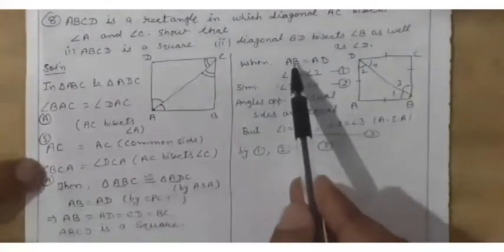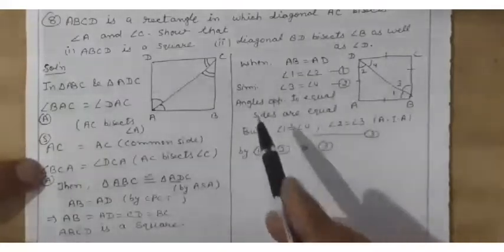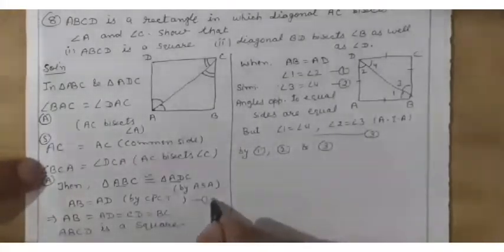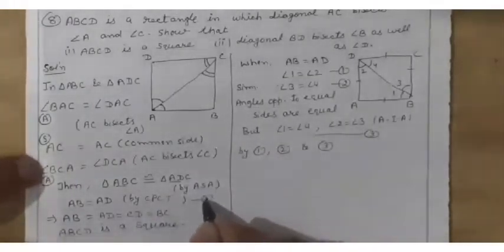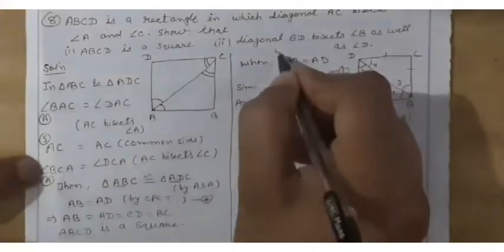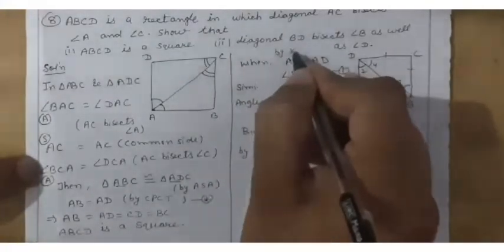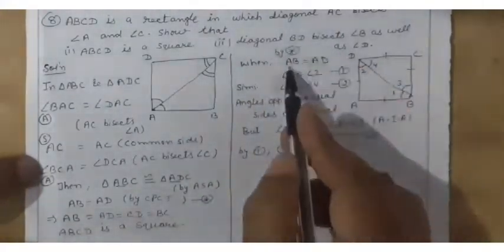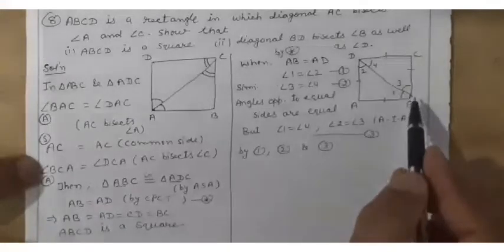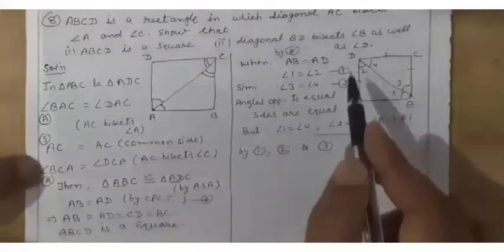So what we got earlier here? This is 1. This is star, you mark it. By star, AB equal to AD. AB is equal to AD, then angle 1 will be equal to angle 2. Similarly, you can write BC equal to CD, so angle 3 will be equal to angle 4.